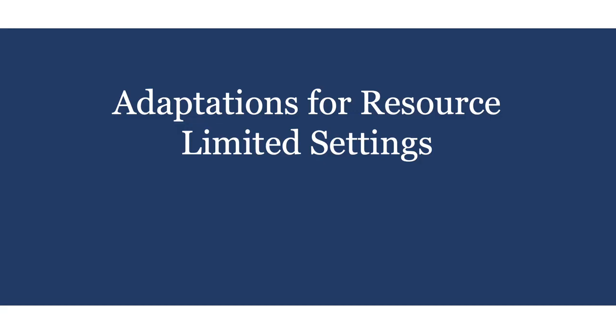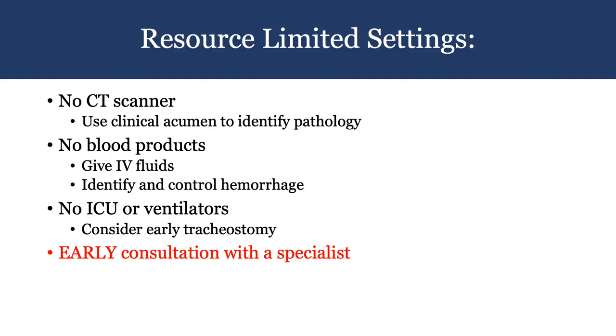What adaptations are available for resource-limited settings where you cannot get all the things that we have talked about? If you do not have a CT scan, use your clinical acumen to identify any pathology, or use other basic routinely available investigations like X-rays and abdominal scans or FAST scan to tease out life-threatening injuries.